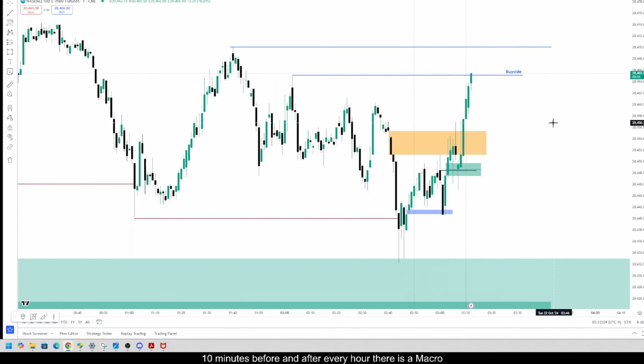All right, there's the first target hit. Now we're in premium from this high to this low. So I just want to see what kind of extension we do if we continue extending from this point in price action.